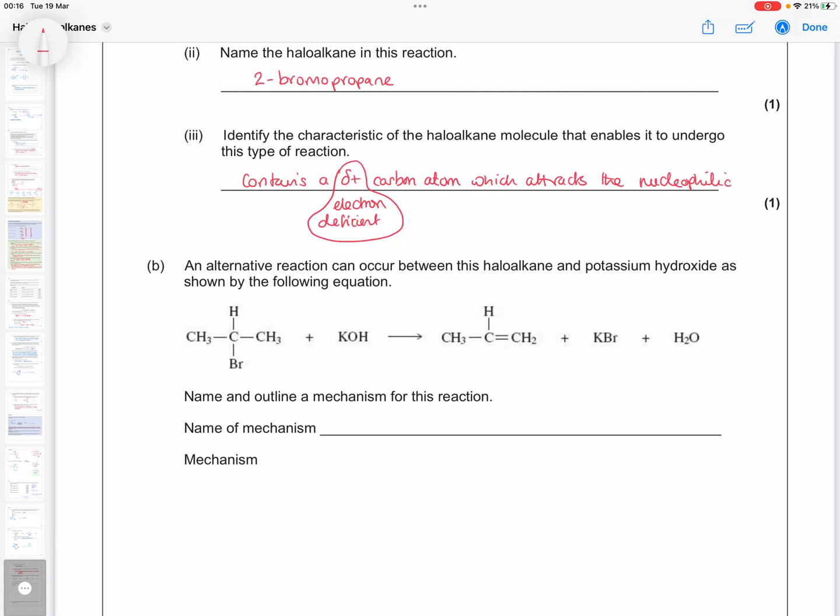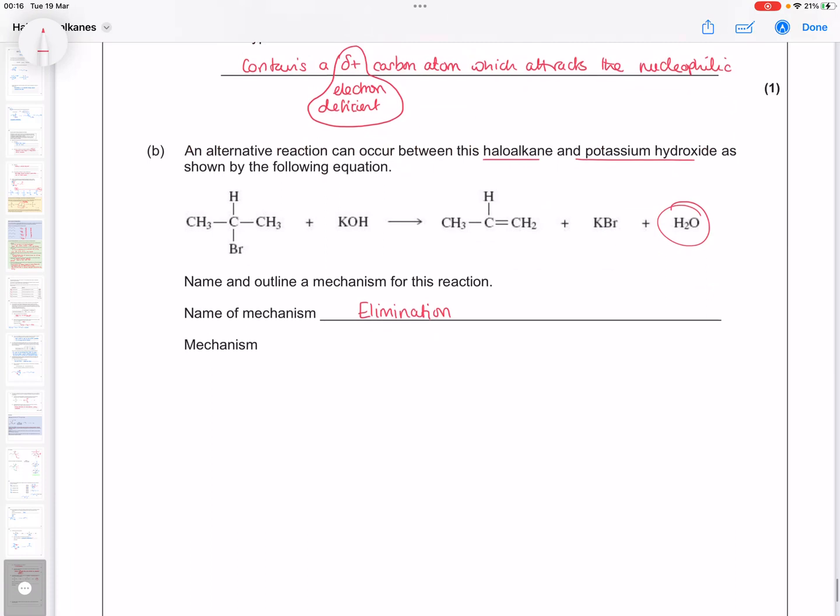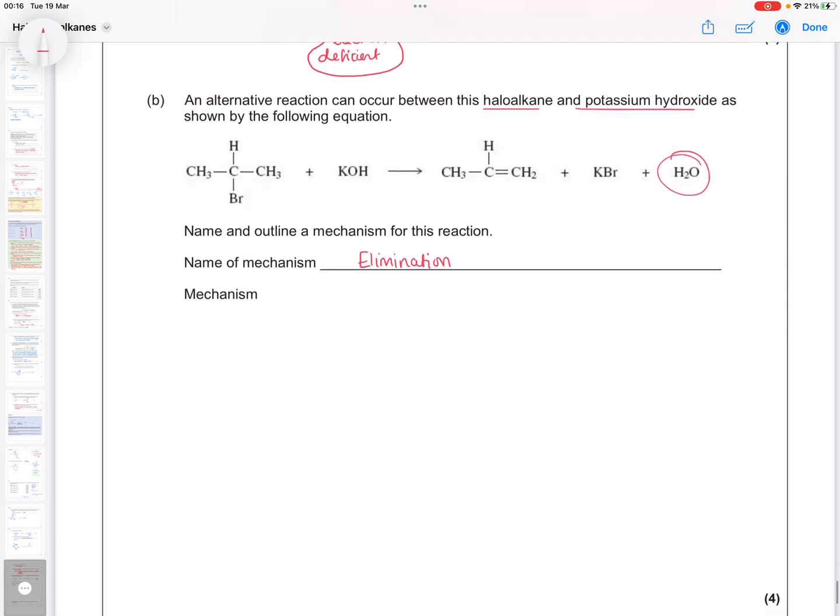The other reaction that can occur with potassium hydroxide acting as a base, that's what we've got here, is to form the alkene. The name of the mechanism here is called elimination. If you're wondering why that is, it's because it eliminates a molecule of water out of it. So effectively it ejects a molecule, so that's called an elimination reaction.